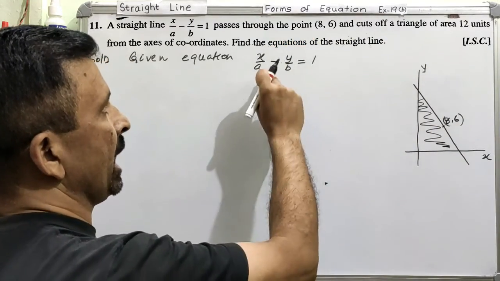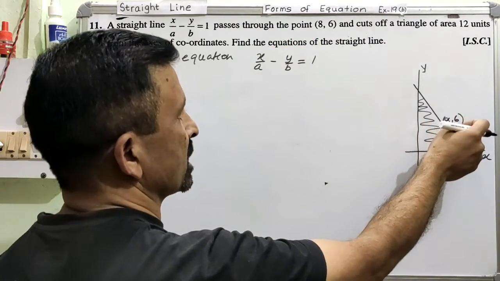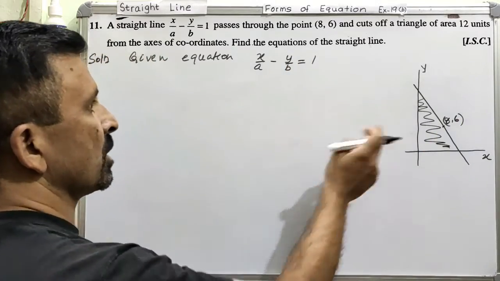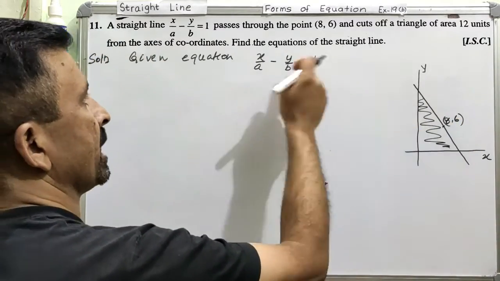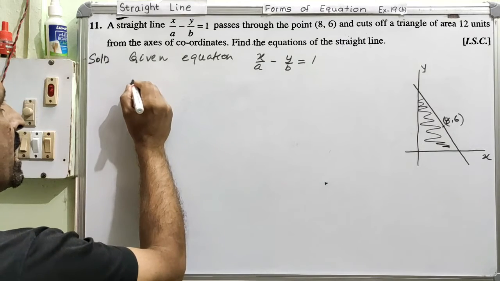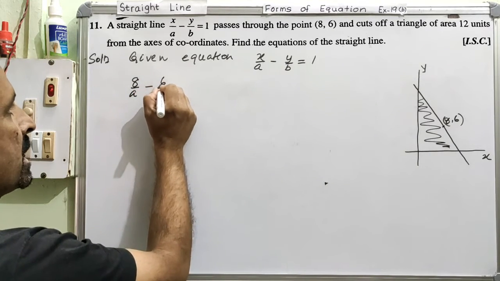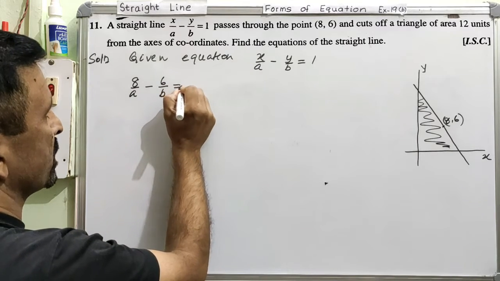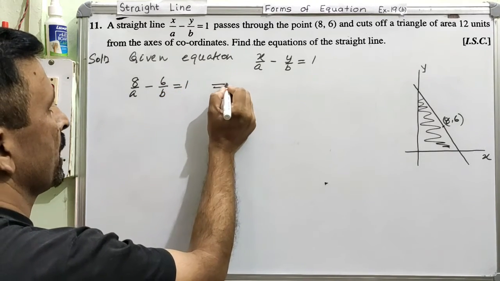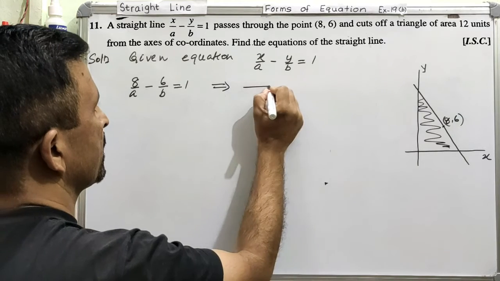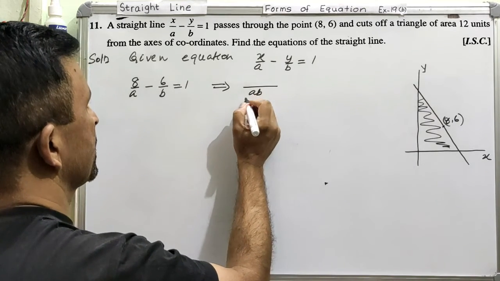Clear? Now, as this line passes through this point, this point must satisfy this equation. So let us put the value of this ordered pair in this equation. So we will get 8 over a minus 6 over b is equal to 1. And simplify this. LCM of these two will come ab, right?